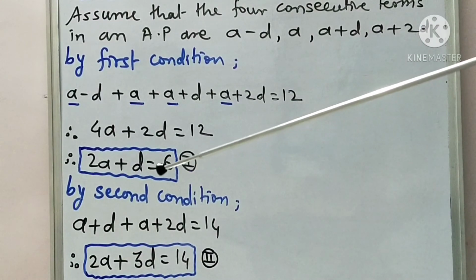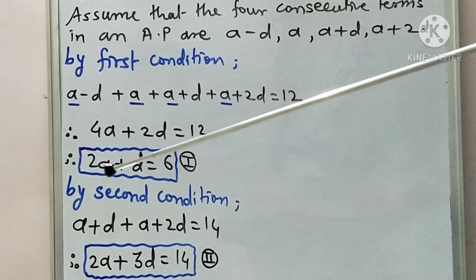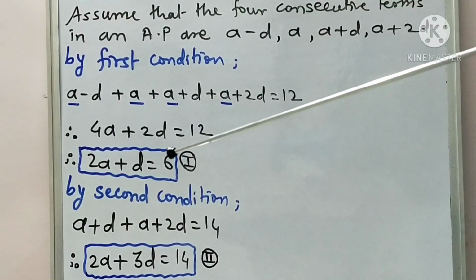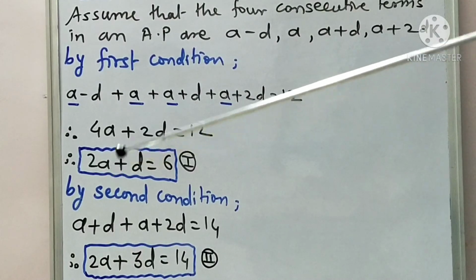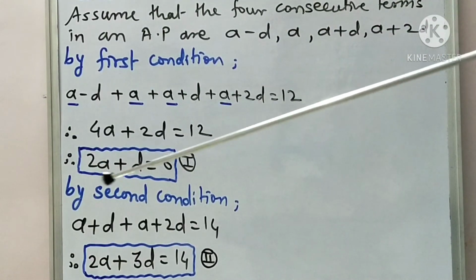Okay, so what we know here, students, is that we get one linear equation. In the previous example, we directly got the value of a for 3 consecutive terms, but for 4 consecutive terms, here we form one linear equation in 2 variables.